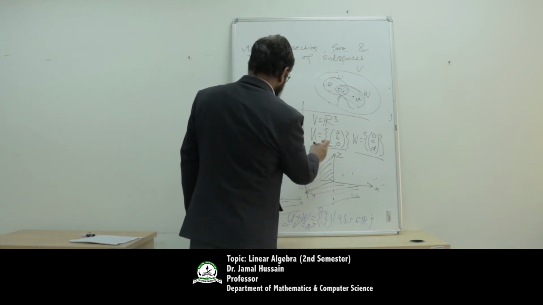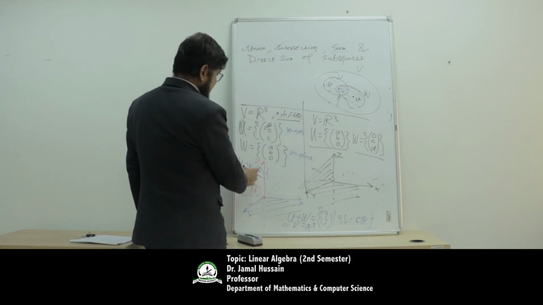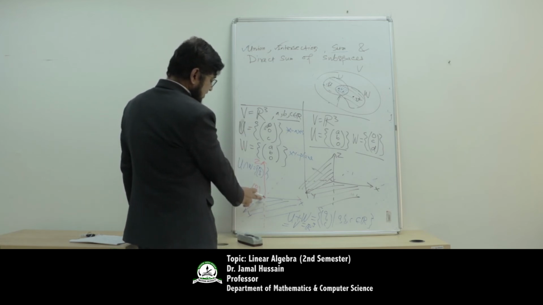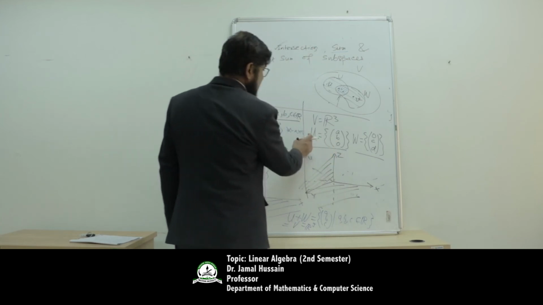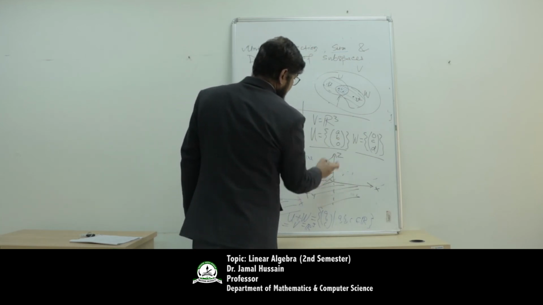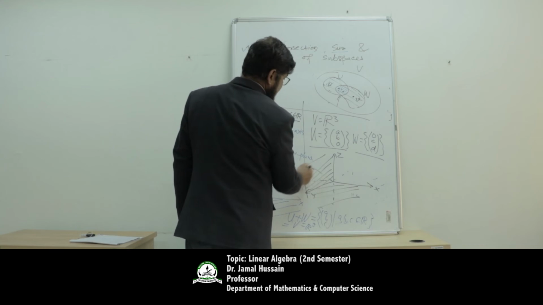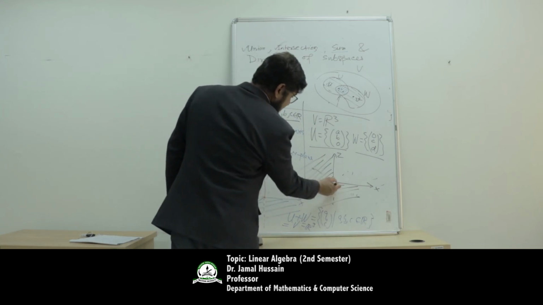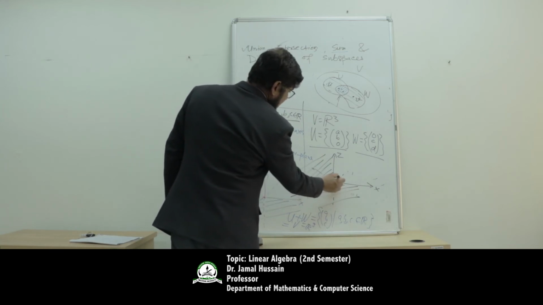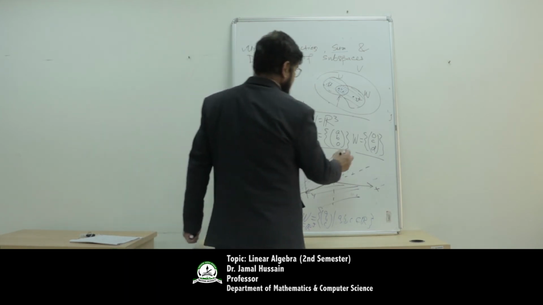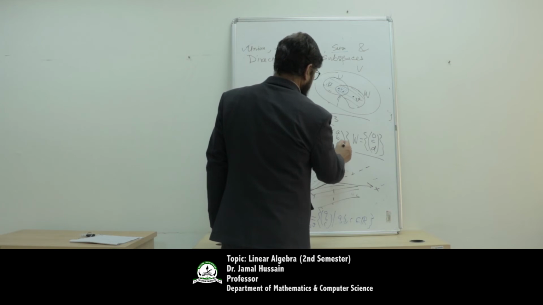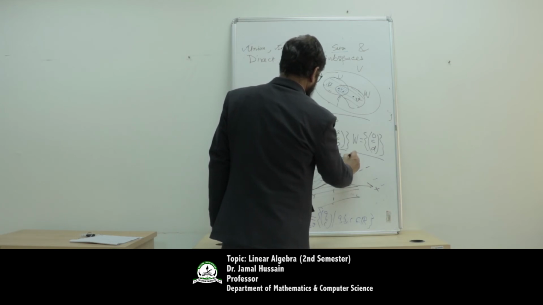So, what is the difference between these two? Here the two sets intersected at only one point 0, but here what is the intersection of these two? One is this xy plane, another is this yz plane. So you can see the common is this part, that means this y axis.